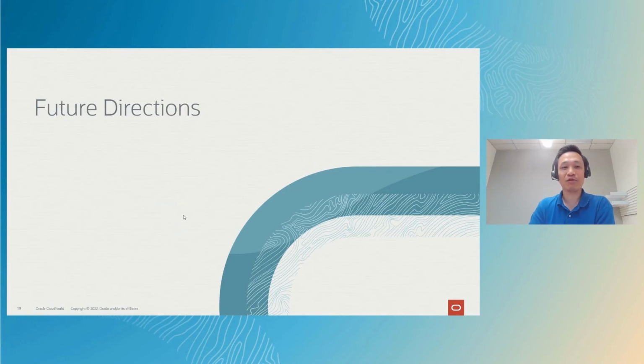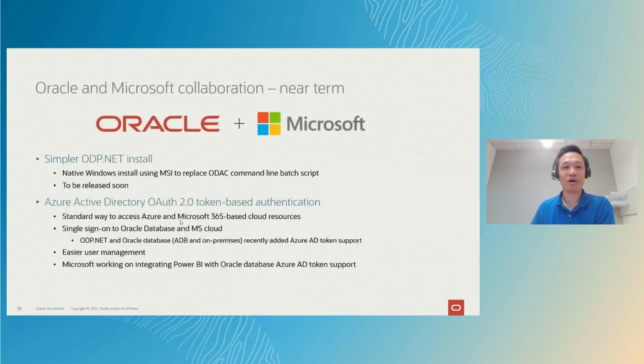So let's talk a bit about the future directions that we're headed. These future directions involve a close collaboration between Oracle and the Microsoft team. My team has been working with Microsoft for many months now, and we've been working on some joint projects to make this setup much easier for customers, to the point where by the end you should just configure the connectivity of the database, the username, the password, and that should be basically all you need to do.